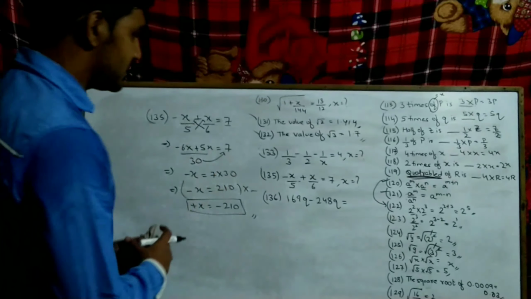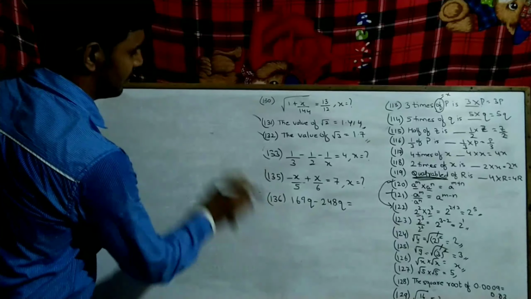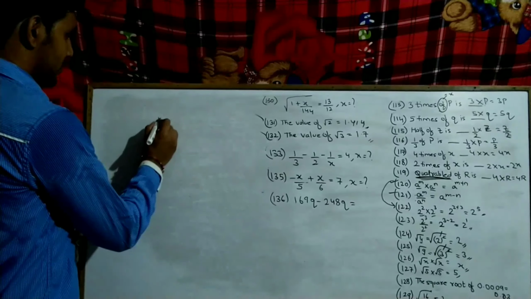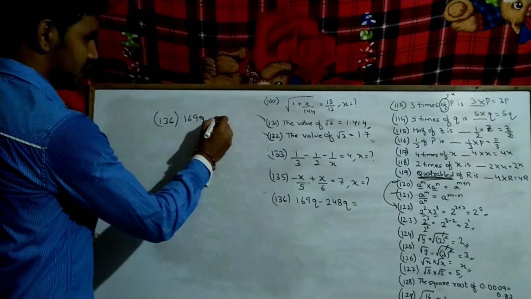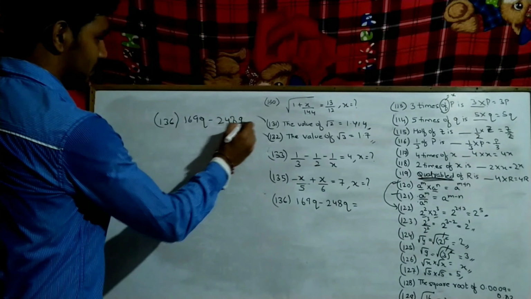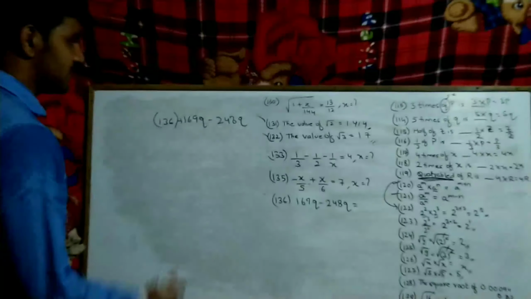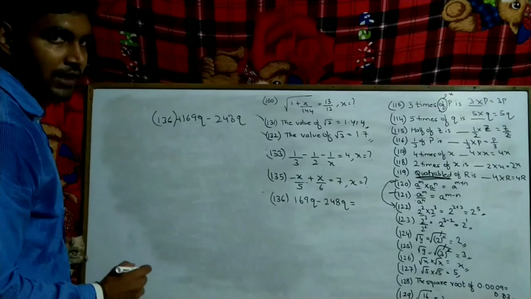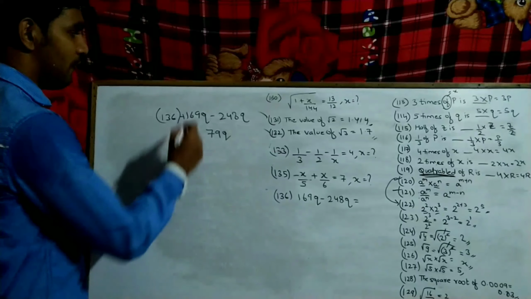Okay. Now let's start with 136, sorry. 169Q minus 248Q. So here also plus minus will be minus. So 248 minus 169 it becomes 79Q. Okay. Why am I using minus?